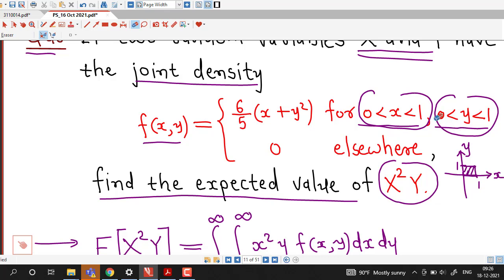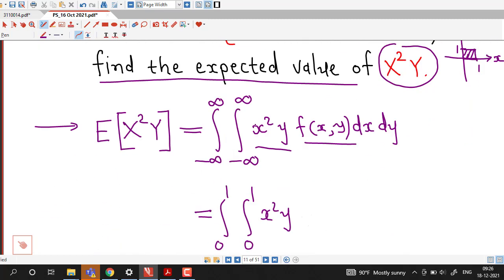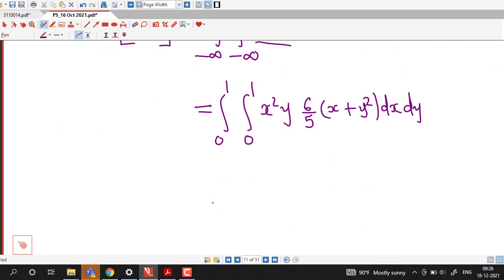So we can rewrite this as the double integral of x squared y times f_xy dx dy, and in this square, for 0 less than x less than 1 and 0 less than y less than 1, the value of the function is 6/5 times (x plus y squared). So now this is a problem of a double integral.